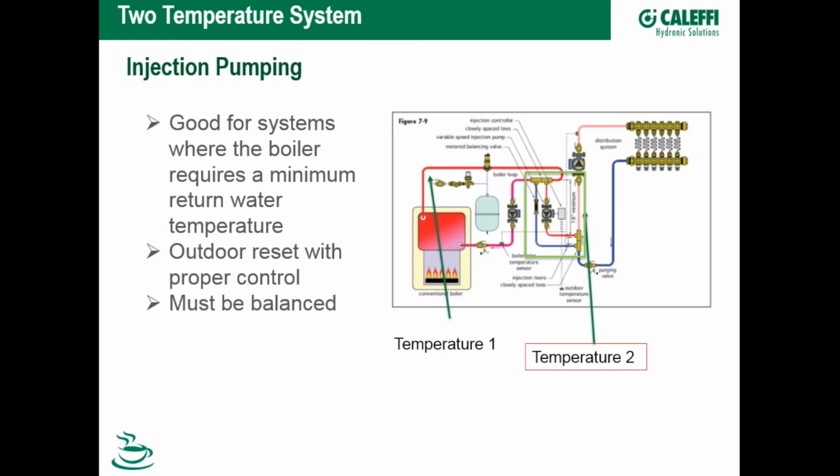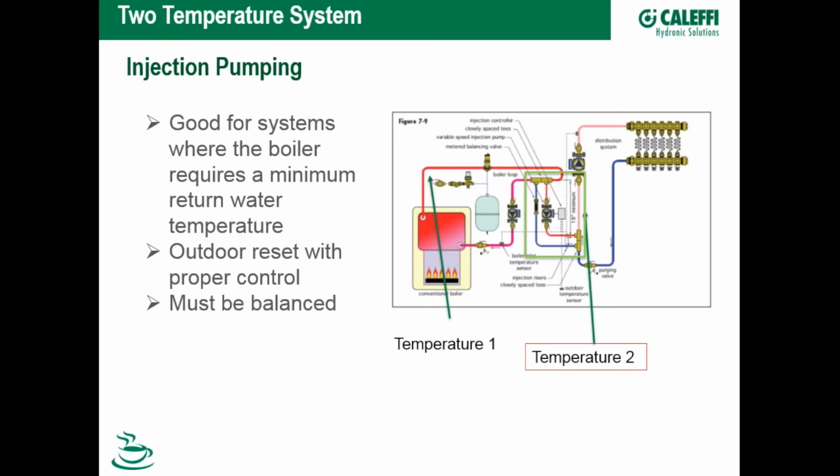Okay? Outdoor reset hit the market, and with a non-condensing boiler, I always have to be concerned with the return water temperature so that that boiler doesn't condense. If a non-condensing boiler condenses, I can seriously shorten the life cycle of the boiler.